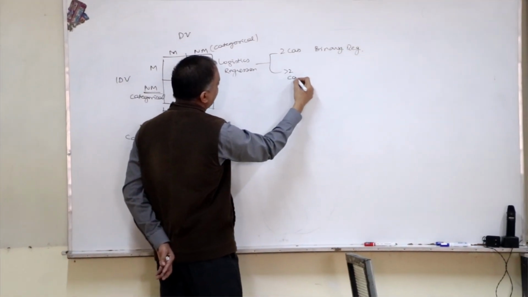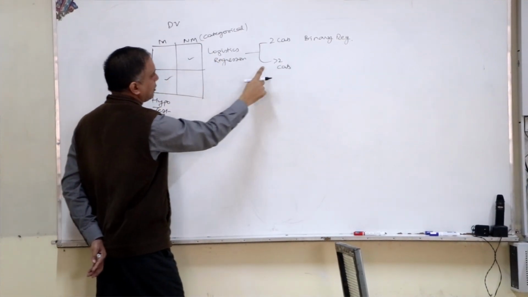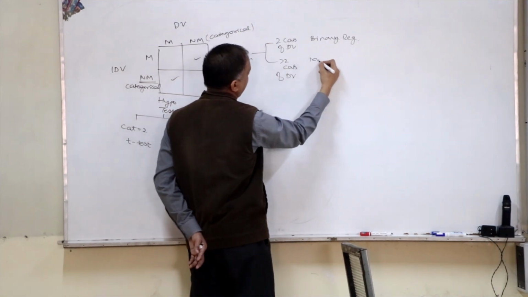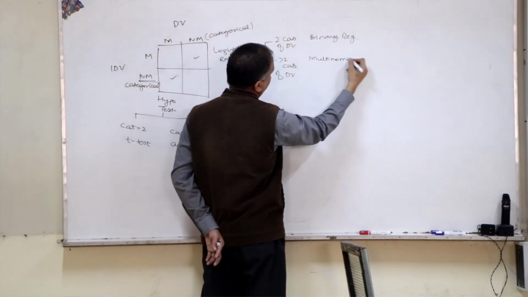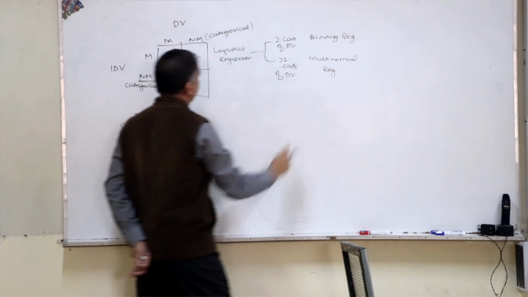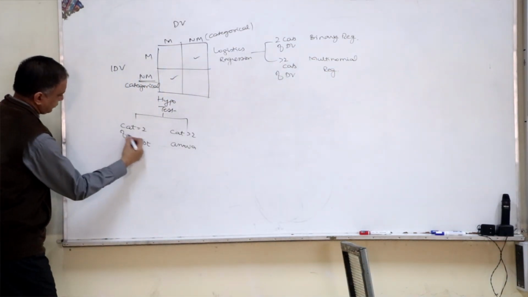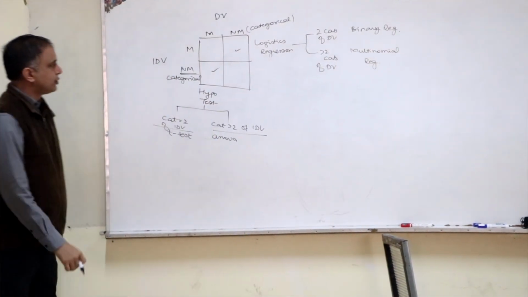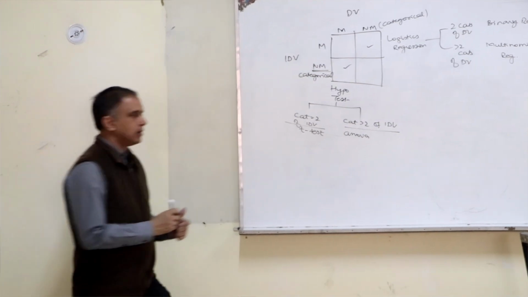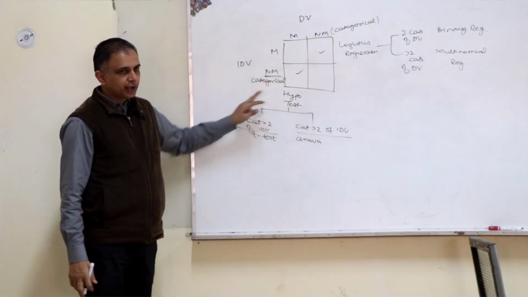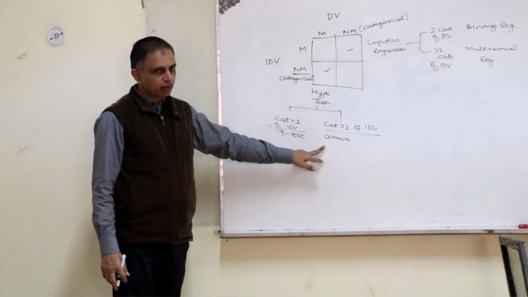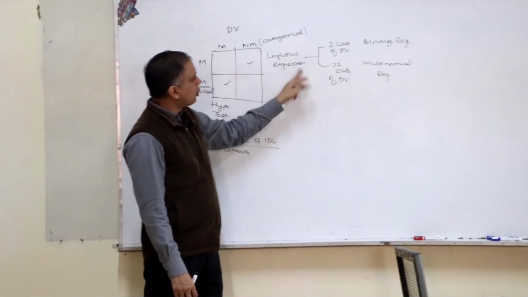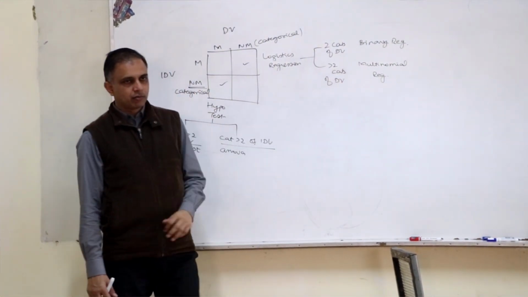If there are more than two categories of the dependent, then we apply multinomial regression. So just see, they are diagonally opposite. Here the concept is hypothesis testing: two categories, t-test; more than two, one way. Here, two categories, binary regression; more than two categories, multinomial regression.